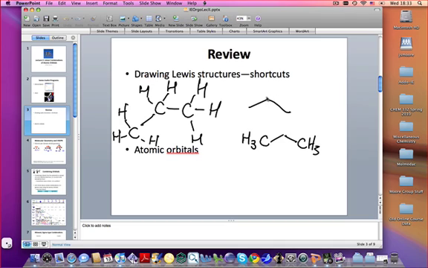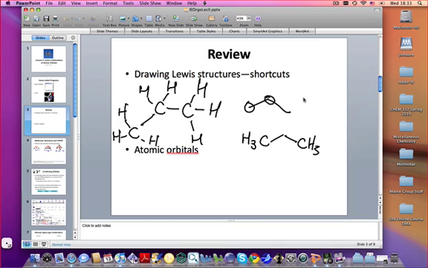Anywhere where you see a vertex in an organic structure or just an open line, recognize that that means a carbon with the correct number of hydrogens attached to get it up to its valence. So for instance, carbon has a valence of 4, so with 1 bond attached, we know that there are 3 more hydrogens here.